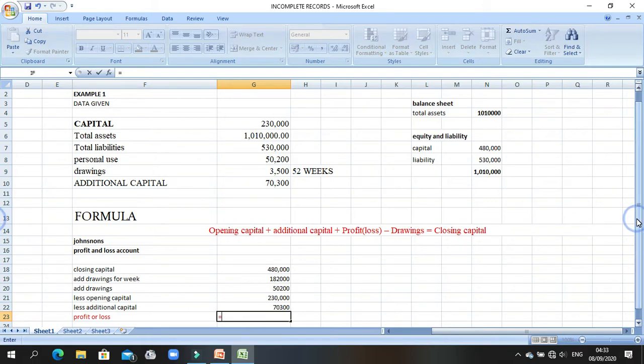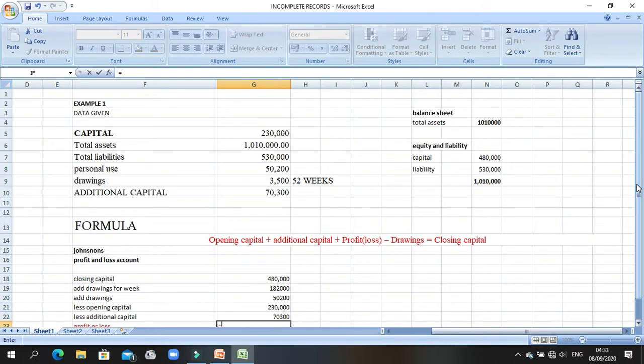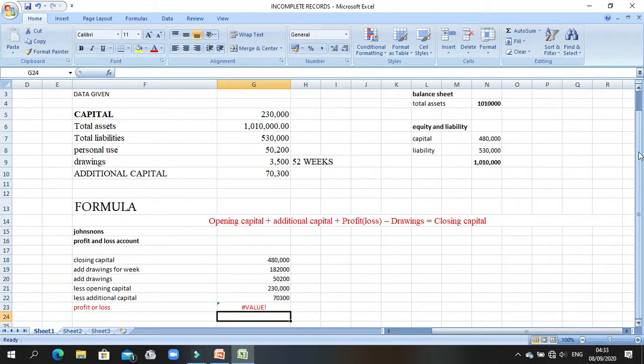So this is the solution. The first thing you have to do is prepare the balance sheet. It shows where the closing capital is. My dear friend, you have to understand this.